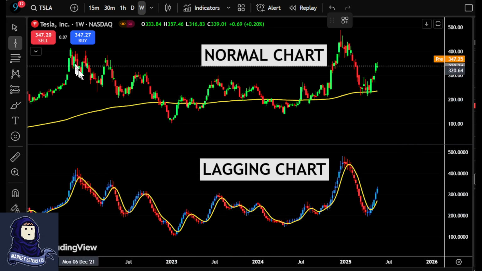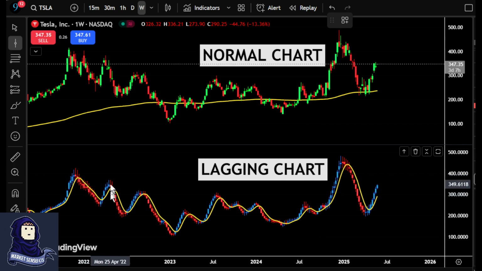As you can see, there's a lot of ups and downs: maybe up for 2 days and down again, up one day and down again. But in the smooth chart, you can see it all goes down very smoothly. You can see the momentum actually.